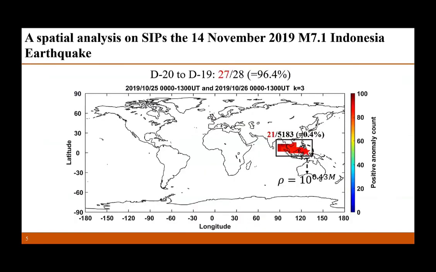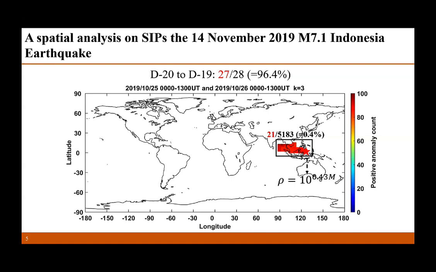So if we overlap the so-called anomalies we count, globally we have 5183 lattices. That means we observe globally and simultaneously, and we can see how the anomaly occurs during the 19 or 20 days before the earthquake.